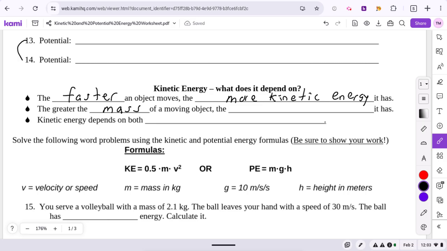And then say it could have the same effect, but what effect would it have on the kinetic energy? Just like up above. And then what does kinetic energy depend on? Both right here, the speed or the velocity and the mass. So you'd write those two in here, velocity, just write out the word, and mass.